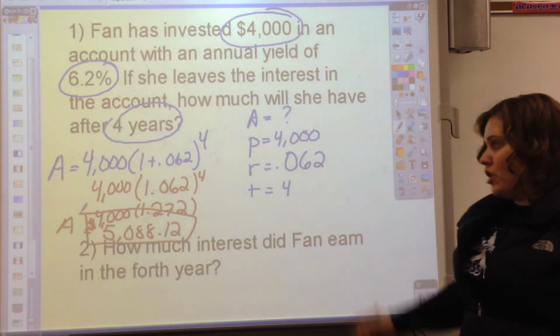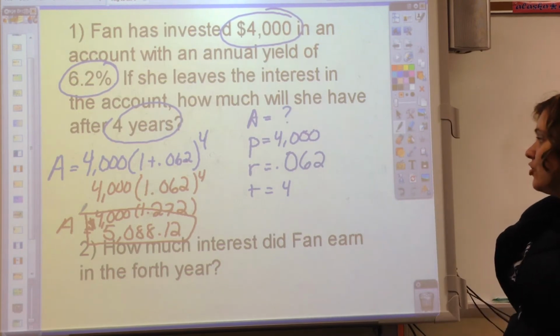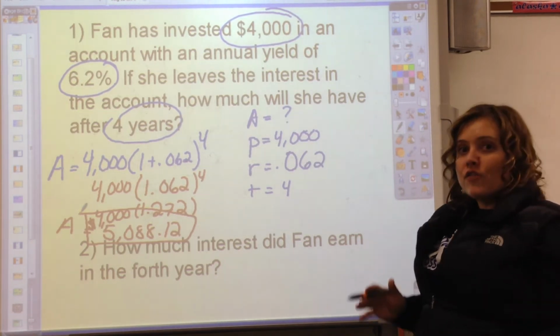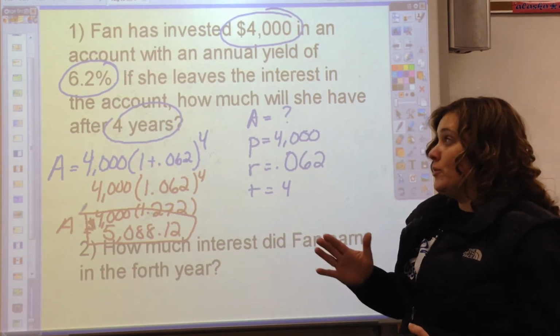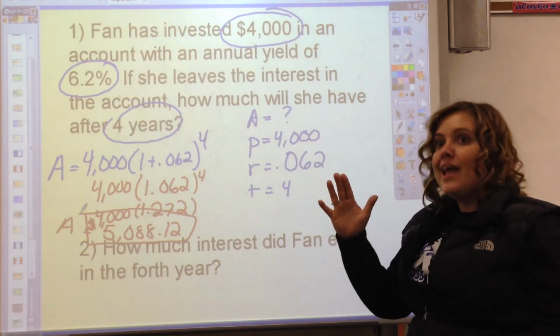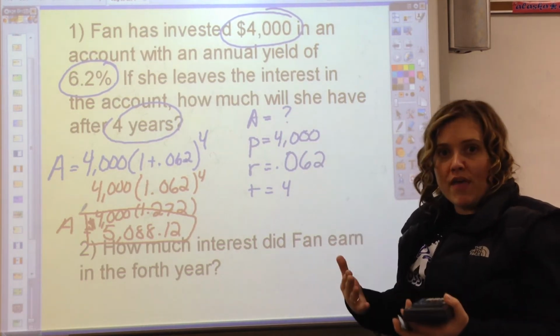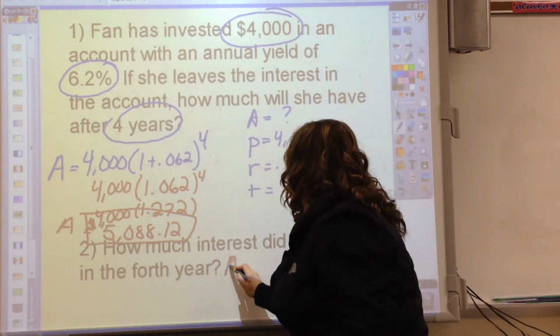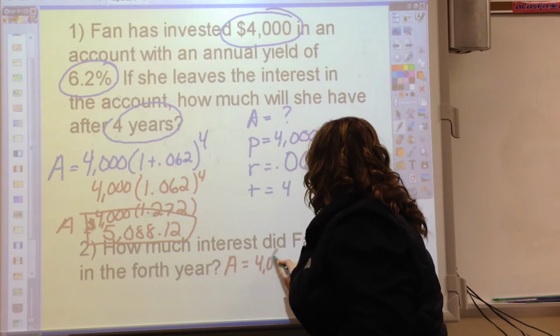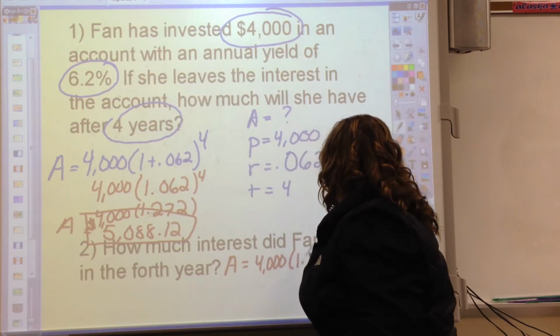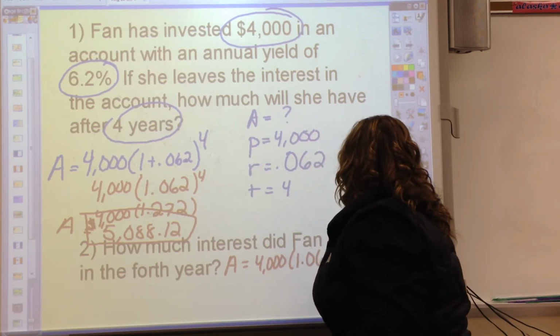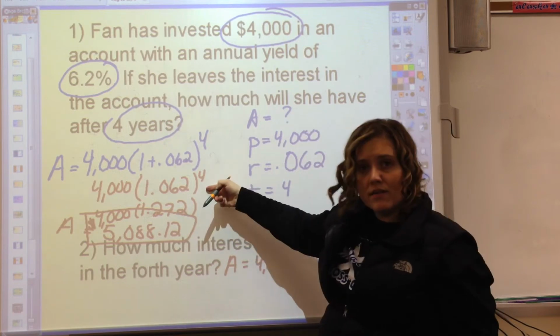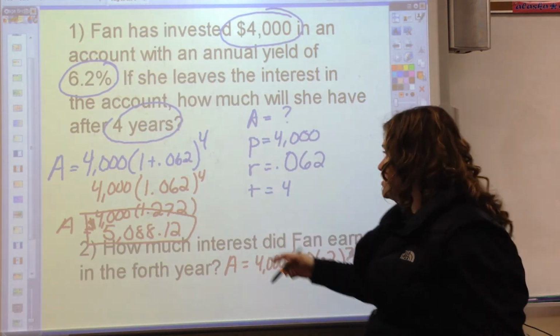Now, if I wanted to know how much interest Fan earned in the 4th year, first I need to find out how much she has in year 3. And then I could just multiply that by her rate. So first of all, let's find the amount she has in year 3. We'll take 4,000 and multiply it by 1.062 to the power of 3. That would be how much she earned in 3 years.